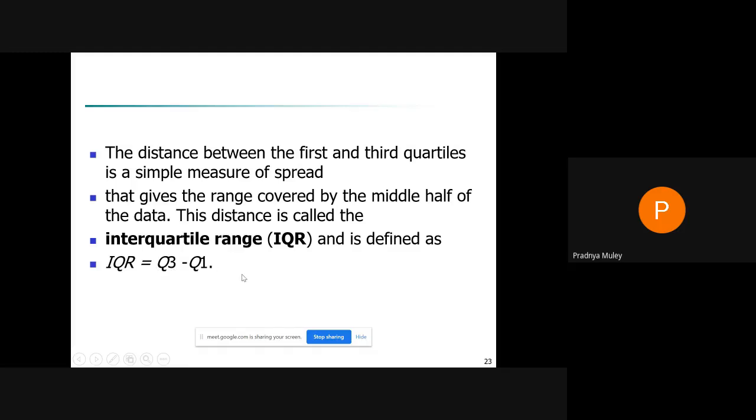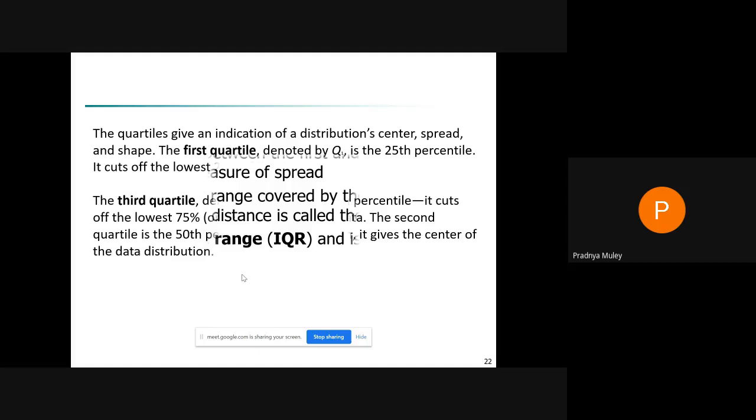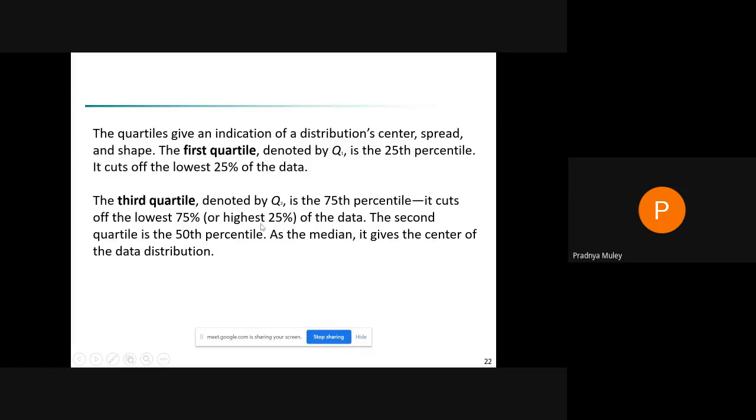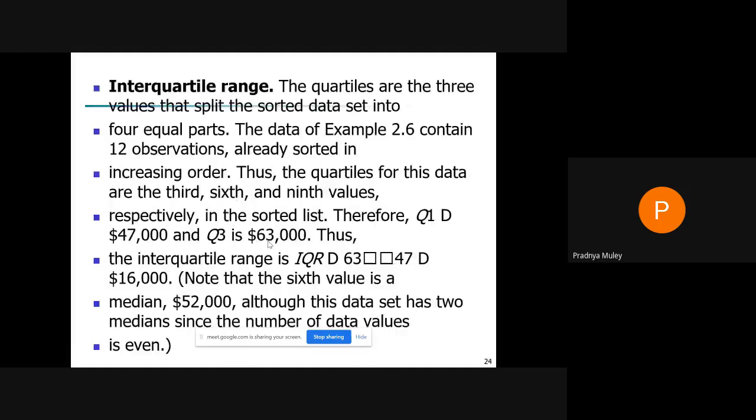Suppose we consider this diagram. This Q3 minus Q1 is the interquartile range, that is IQR, of the given data set. If we consider our example, we subtract Q1 from Q3 and we will get the interquartile range of our data set.